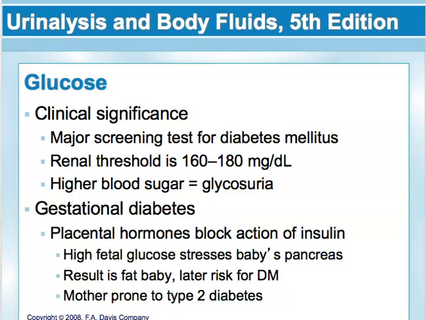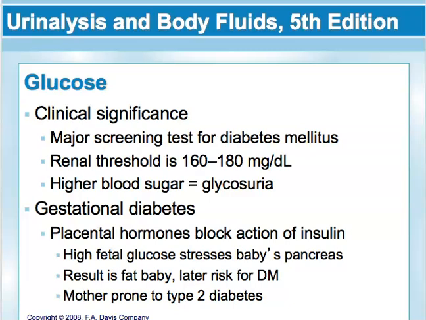Gestational diabetes. So this is hyperglycemia that's seen during pregnancy that will disappear after delivery. Hormones are secreted by the placenta that block the action of insulin, which results in insulin resistance and hyperglycemia. This is important to the welfare of the baby because glucose can cross the placenta, but insulin cannot.